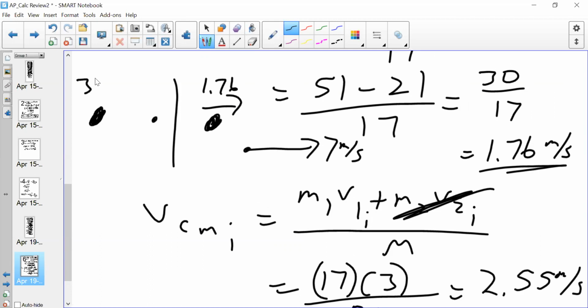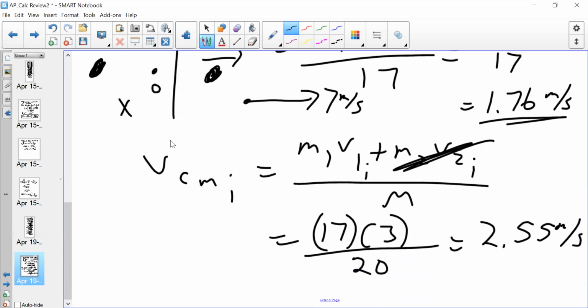So if it's 3 in the beginning and nothing, you can inferentially see that the center of mass will be somewhere in the middle. The center of mass is not necessarily exactly in the middle, but somewhere in the bounds of the collection of particles.